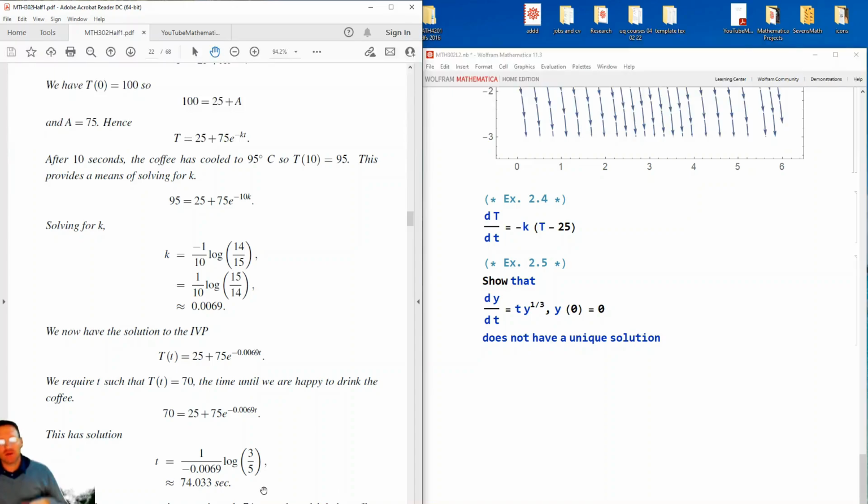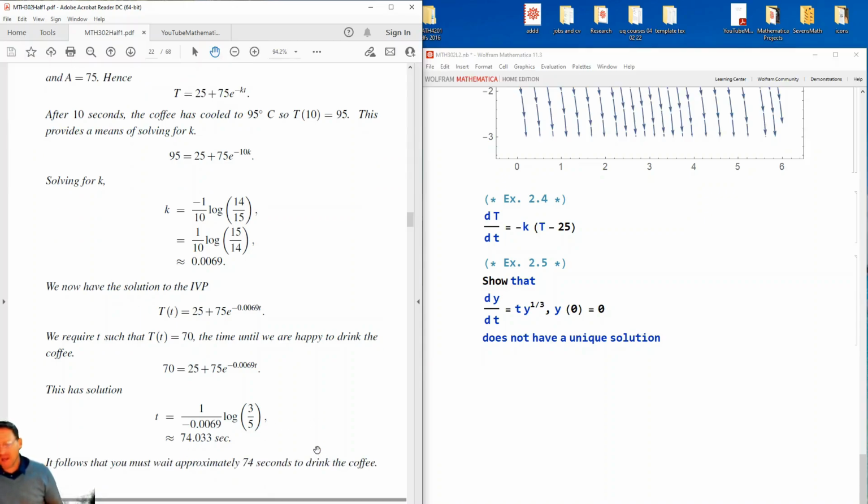Okay, we apply the logarithm rule, putting the minus sign up inside as an exponent, which allows us to invert. So we have 1 over 0.0069 natural log of 5 over 3, which gives us 74 seconds approximately. So that's how long we should wait in order to drink that cup of coffee.